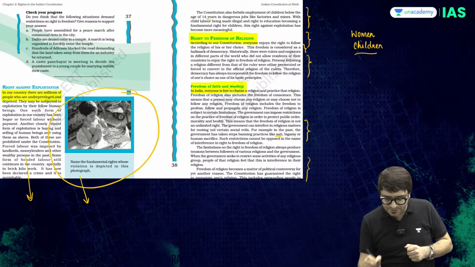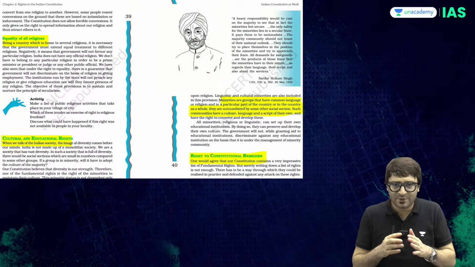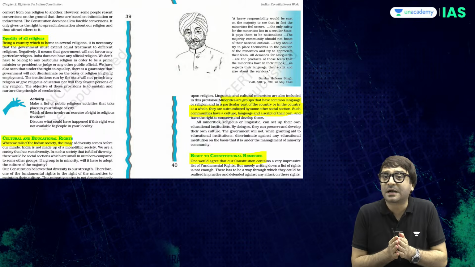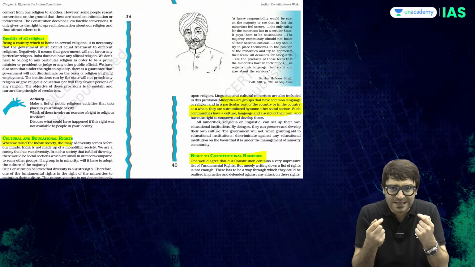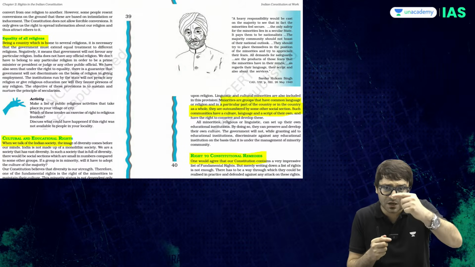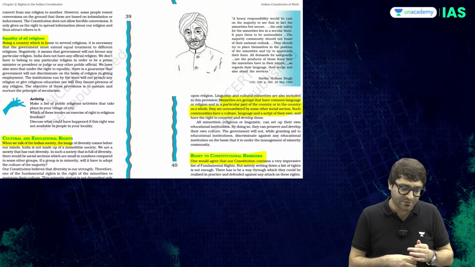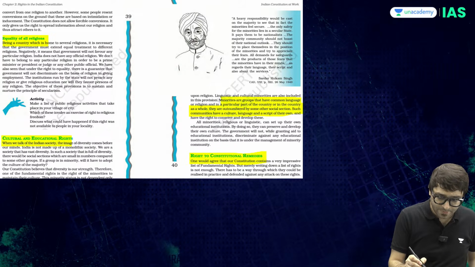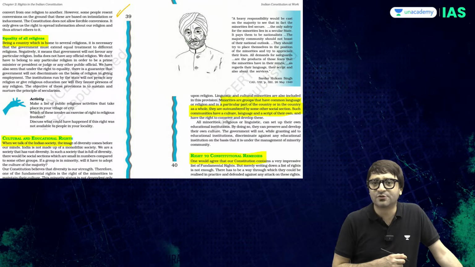Freedom of religion has become a matter of political controversy as well. Because if I have the freedom to practice my religion, to propagate my religion, does that give me the fundamental right to convert you into my religion? Religious conversion in India has attracted a lot of attention.